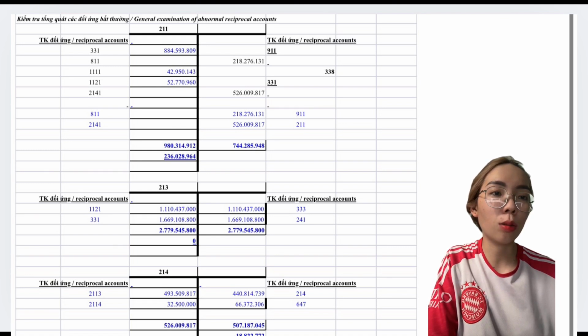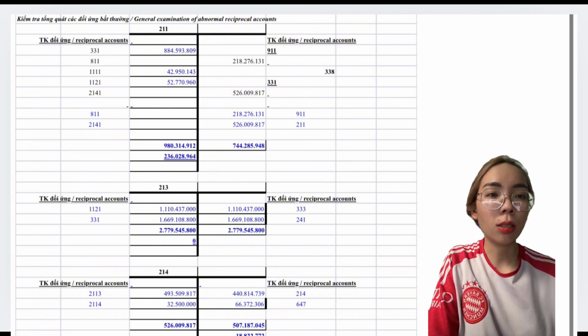The depreciation entry to 2141 shows matching values but reappears again in 211, which is unusual and needs further review.